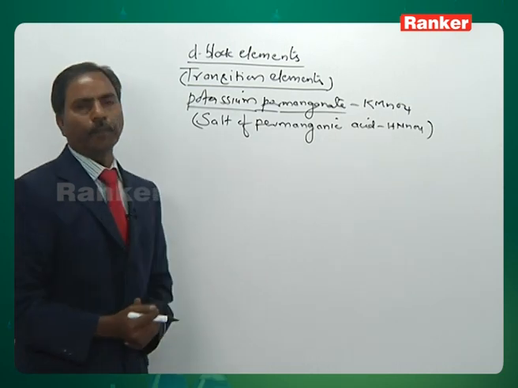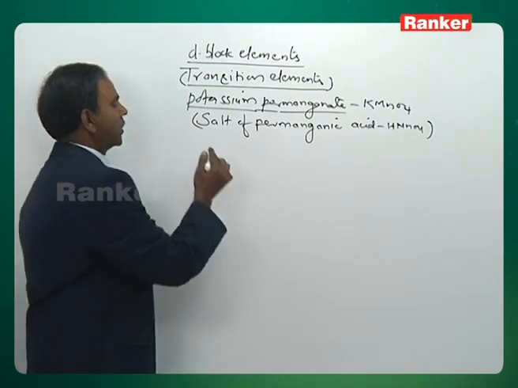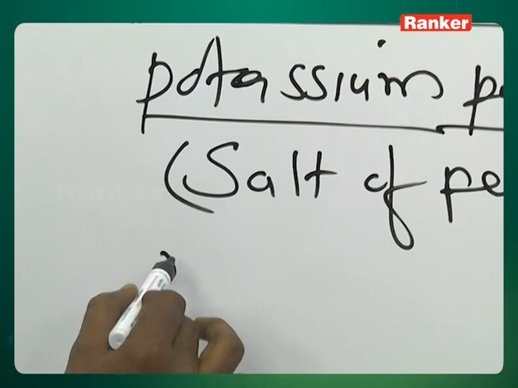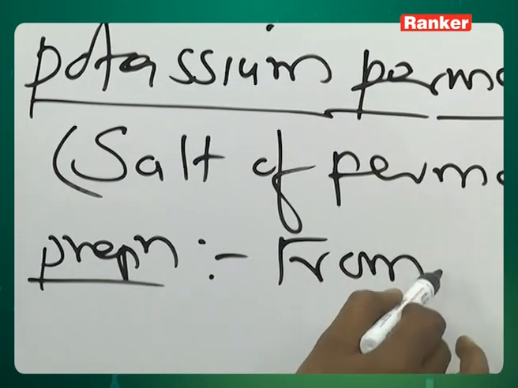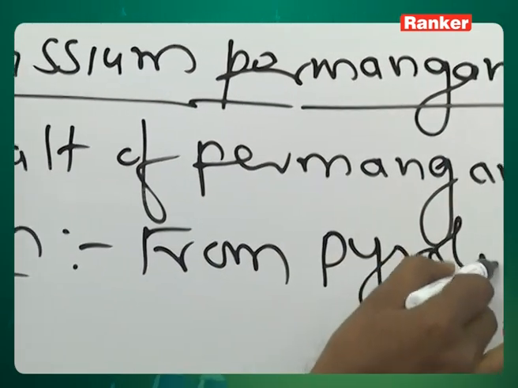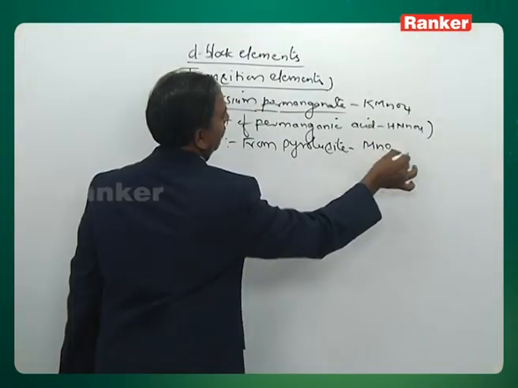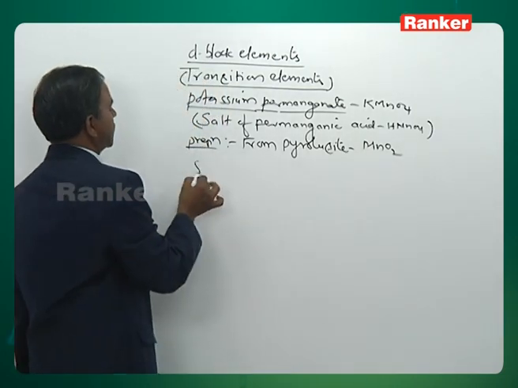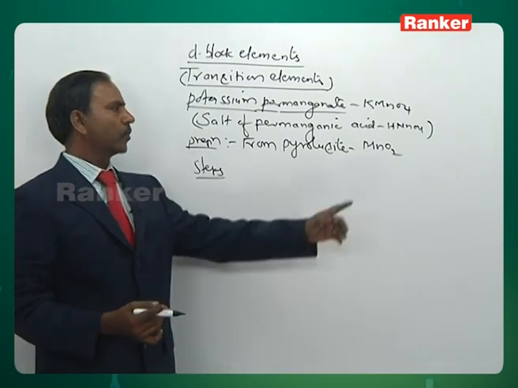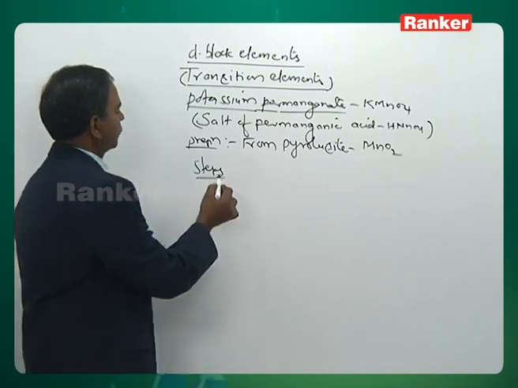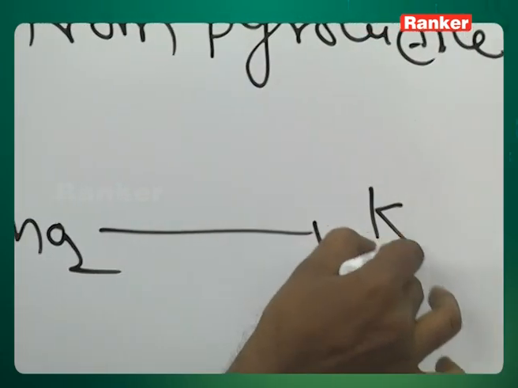Generally, potassium permanganate is prepared from pyrolusite, an ore of manganese. There are two steps involved in the preparation of permanganate from pyrolusite.